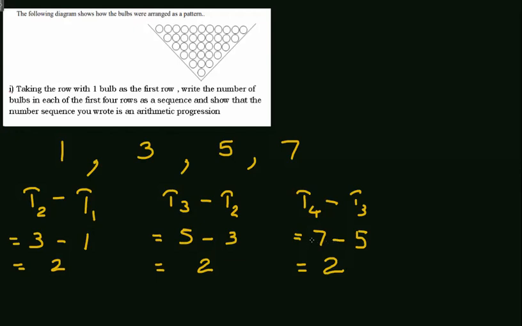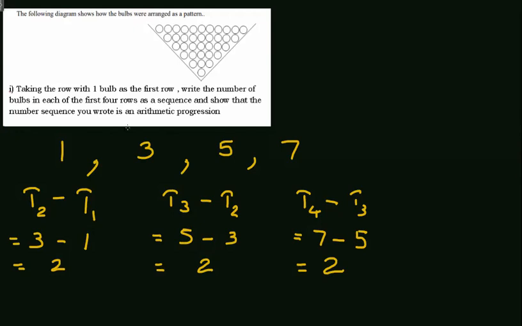So what is an arithmetic progression? An arithmetic progression is a progression which has a common difference. Or to put it another way, an arithmetic progression is a progression which has a constant difference between the subsequent terms. Subsequent terms means the nearby terms, the terms next to each other.